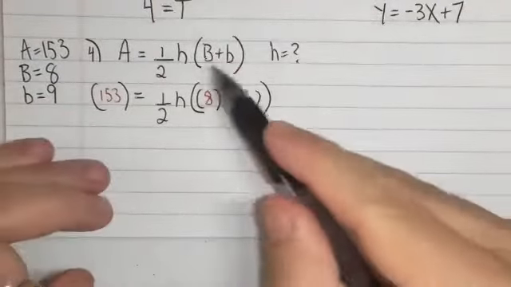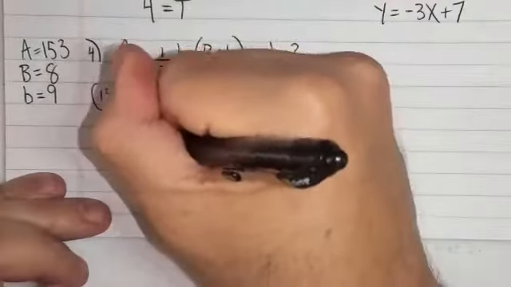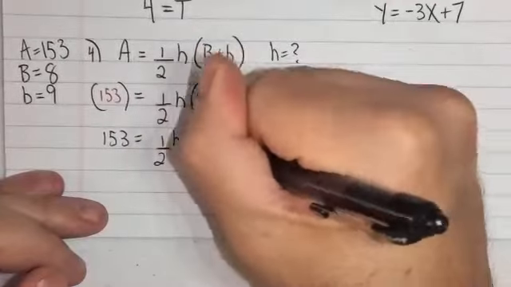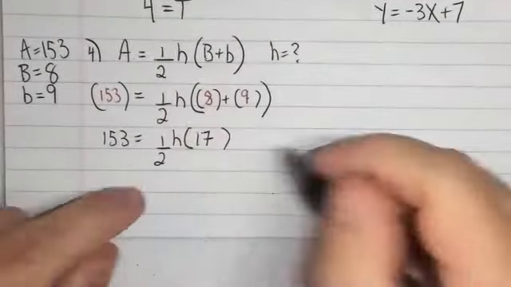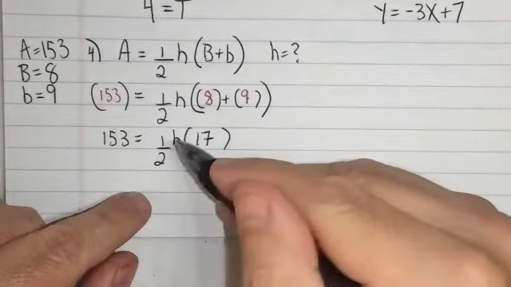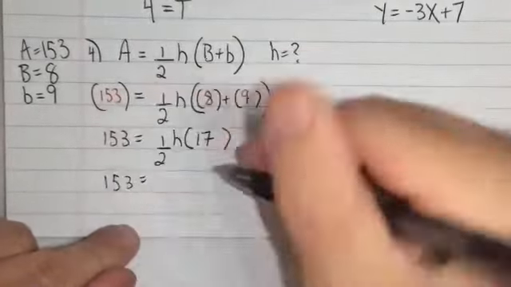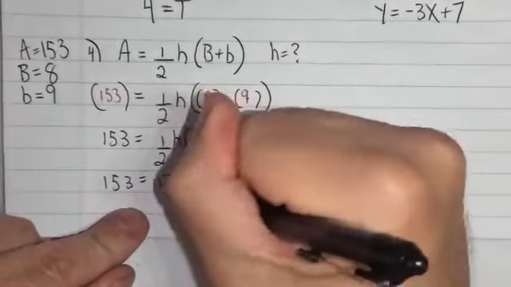Again, order of operations, remember we have to do inside the parentheses first. So I'm going to have 153 equals 1/2 h, 9 plus 8 gives me 17. Again, all of this is being multiplied. 1 times h times 17 is all being multiplied together. So 1 times h is just h, and h times 17 is just going to give me 17h.